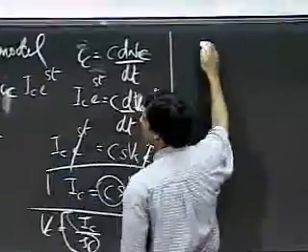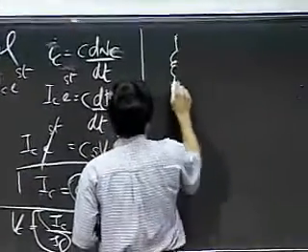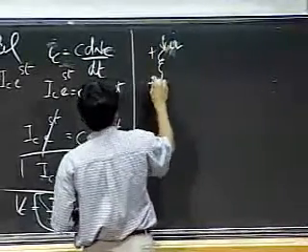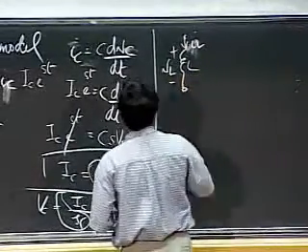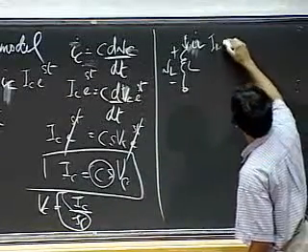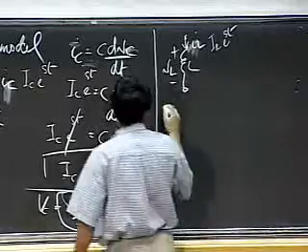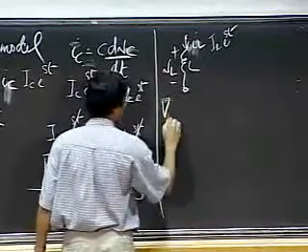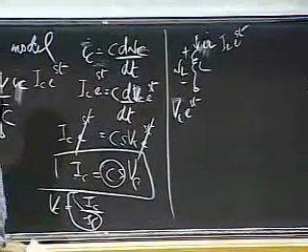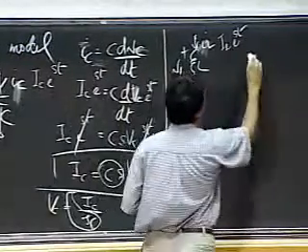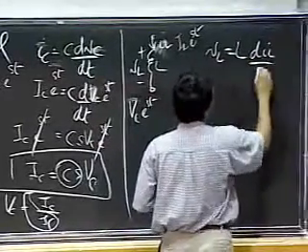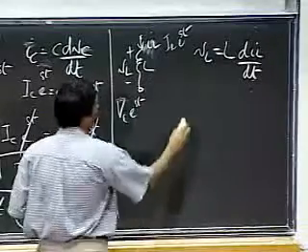For the inductor, in the same way, IL, VL, and L. Let's say IL is IL e to the ST, and VL is VL e to the ST. Let's substitute the values for the inductor into its element relationship as well. I know that VL is L dIL/dt.